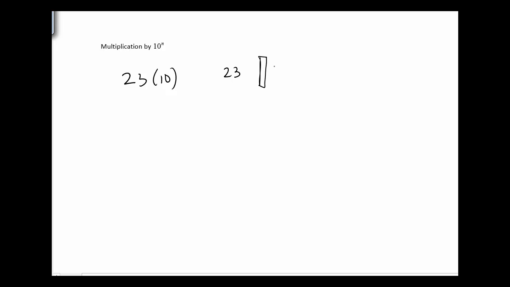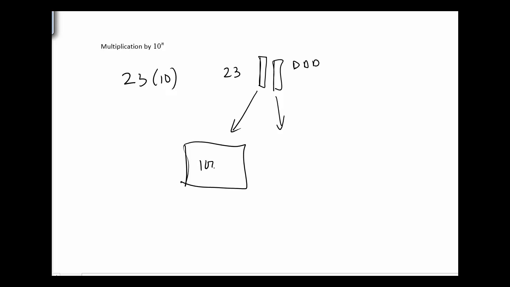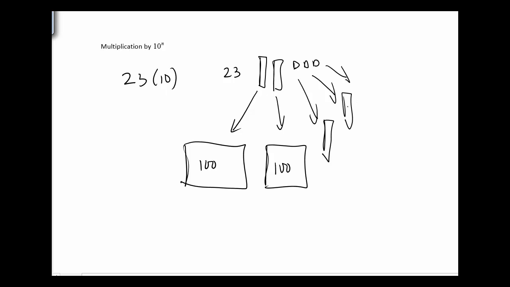We've got 2 groups of 10, and we got 3 singles. Well, when I multiply it by 10, each of my longs become a box of size 100, and each of the singles all become a row of 10 themselves.